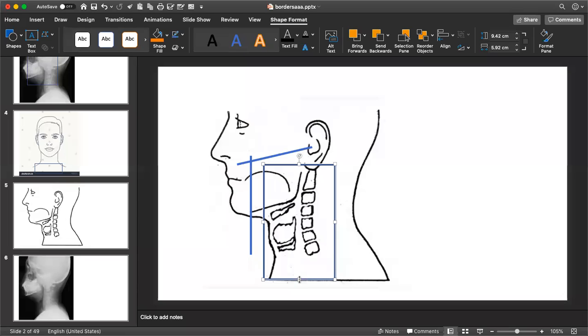If there are gross nodes, it's better not to keep any junction near the gross node, because you might have a cold spot over it, which is not desirable. Second, if you have a gross node, you won't be able to treat it with a low anterior neck field. So you have to cover the gross node in the lateral portal itself. The inferior border is the same; it doesn't change. So doesn't the posterior border.